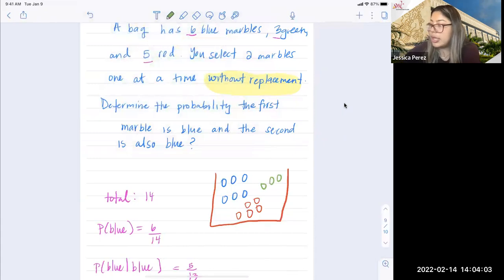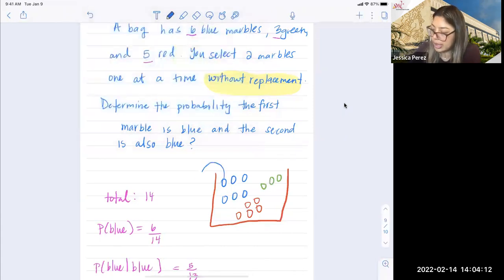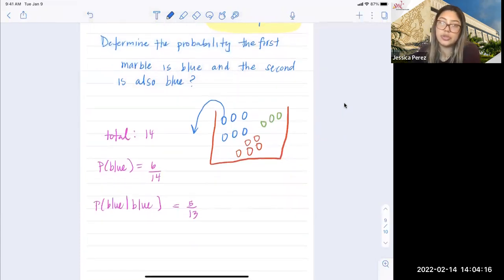The first one you select is 6 out of 14, right? That's your first choice. You take it out and you don't replace it. Now you only have 5 blue marbles left, out of 13 marbles total. So the next probability is 5 out of 13.